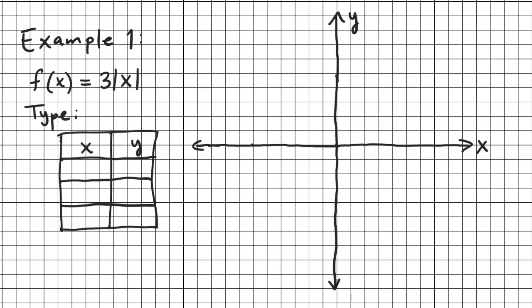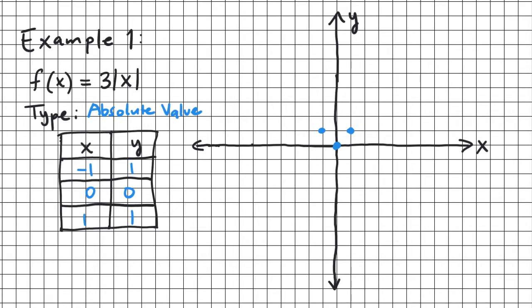First off, let's state the type that we have. We have these vertical bars, which means it's an absolute value. The key points there are negative 1, 1, 0, 0, 1, 1. So that's going to be these 3 points, giving us a V shape.